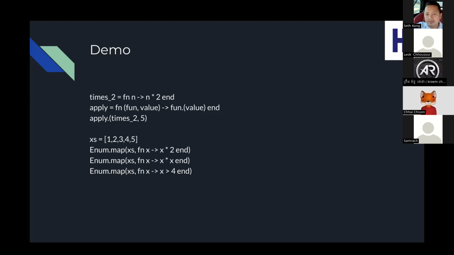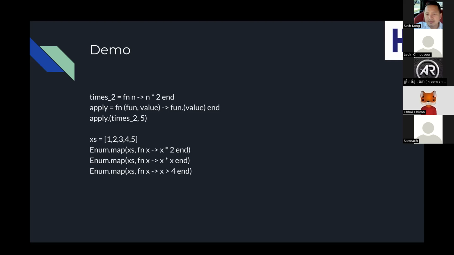Whatever you give it, you get back the same data structure. You give it a list, you get back a list, unless you transform it into something else. In Elixir, we can transform it into a different data structure using Enum.into.